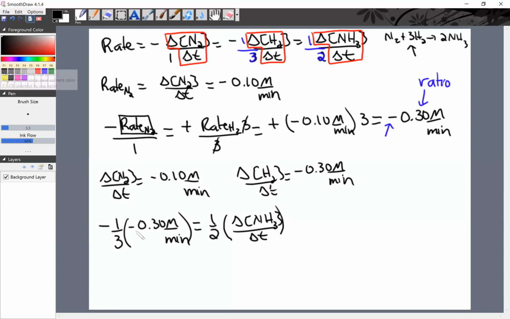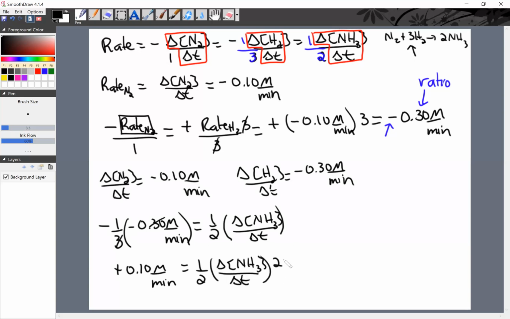Okay, well, negative 0.30 divided by 3 goes back to 0.10, so a negative and a negative. This becomes 0.10 molarities per minute is equal to 1/2 the rate of ammonia.